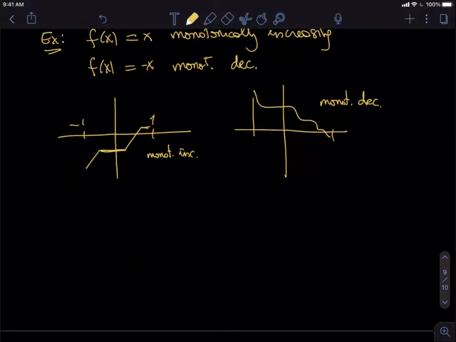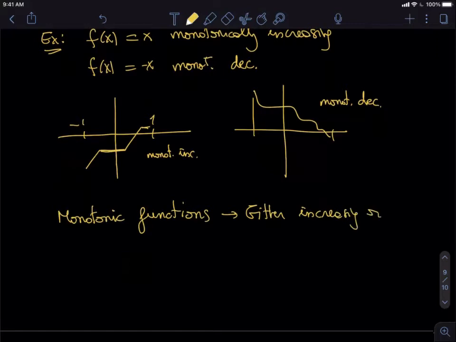So if we say just monotonic functions, it is either increasing or decreasing. It cannot be both at once, unless it's a constant. The constant is the only function that is both monotonically increasing and decreasing, because it's always equal.